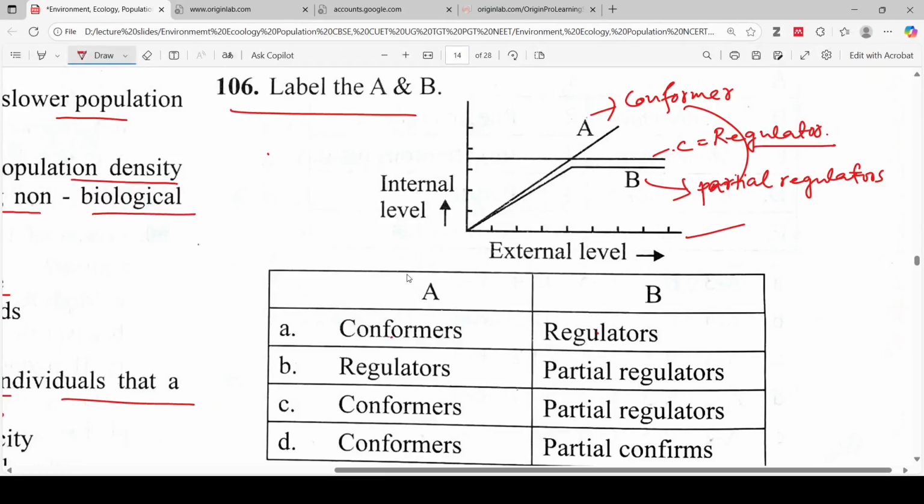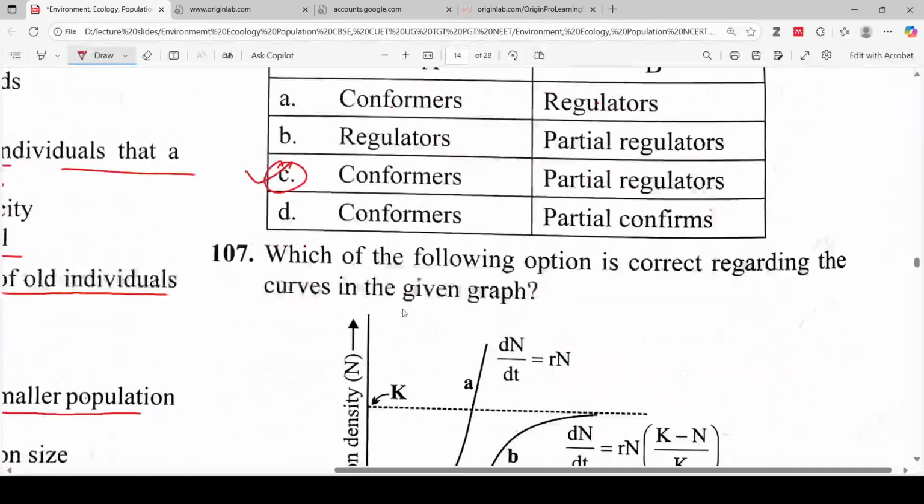So the correct answer is option C. Next question.